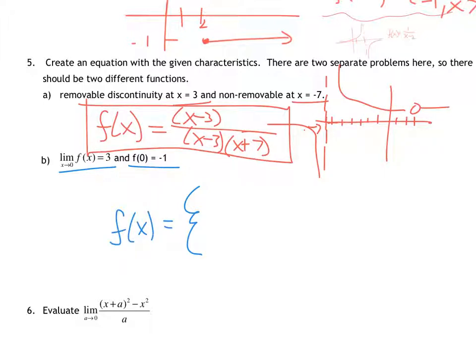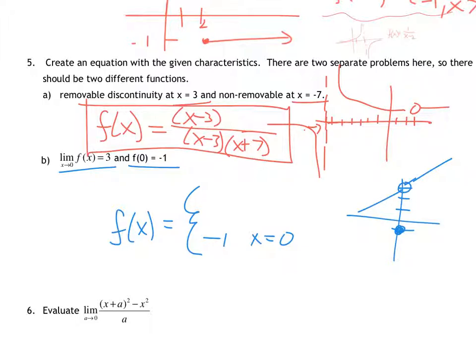So when x equals 0, we want this to be -1, but we want it to be 3 everywhere else. So in other words, we got some graph, 1, 2, 3, and we're approaching 3 from both sides, but f of 0 really is -1.